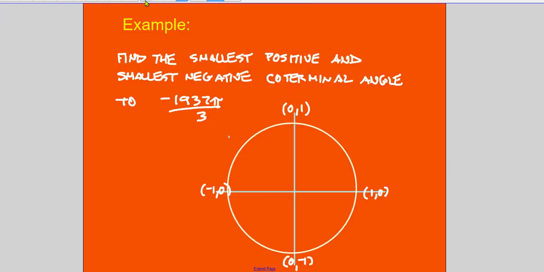So before I do this example, let me remind you that on the unit circle, right here, these are all going to be even multiples of pi: 0, 2 pi, 4 pi, and then you could have -2 pi, -4 pi, etc. whenever you hit this point here.